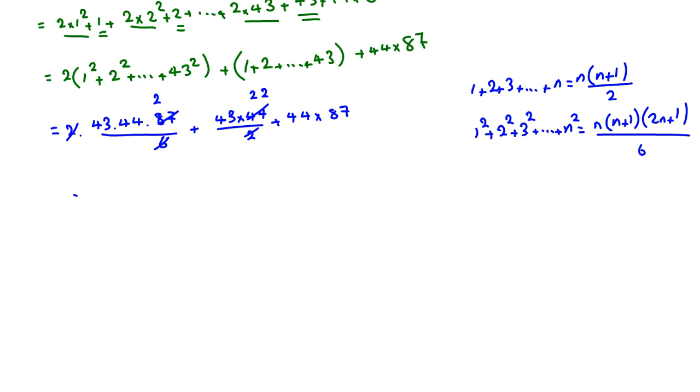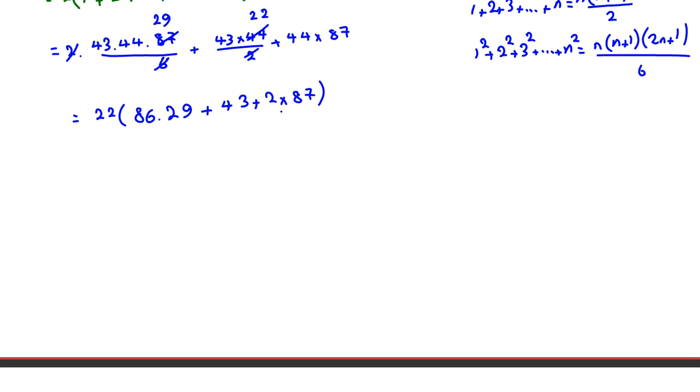Okay, so it was 29 when we divide by 3. And if we factor out 22, with 2 times 43, 86 times 29, plus 22 times 43, plus 2 times 87, okay?